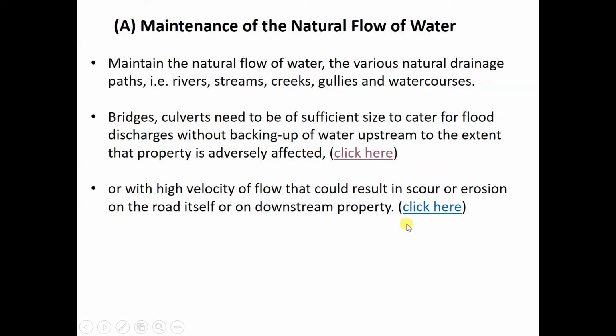Even if the flow is not at flood capacity, if it is too high, it could cause very serious scouring at the outlet of the culverts or the bridge.